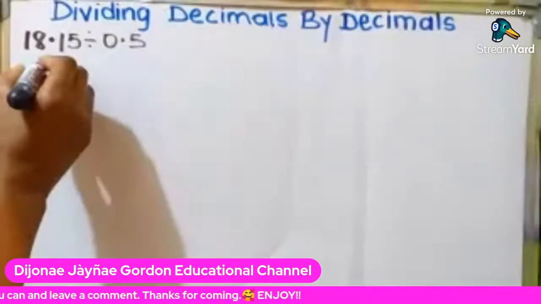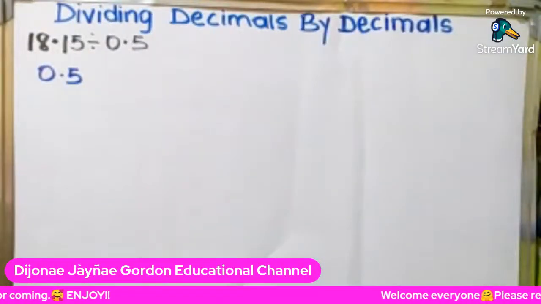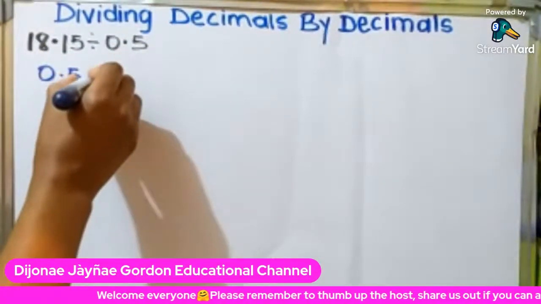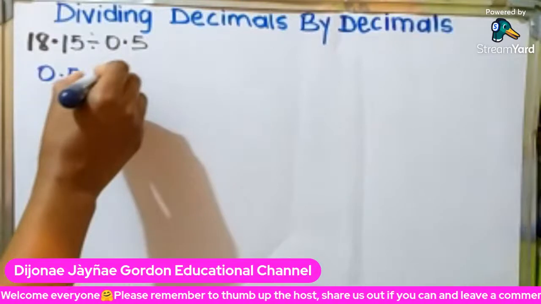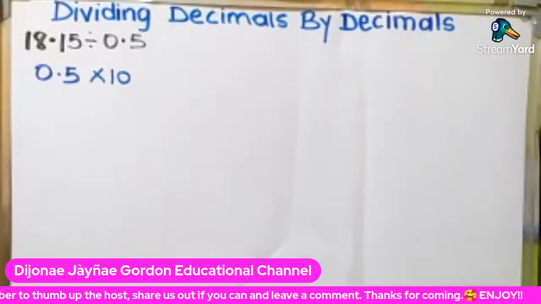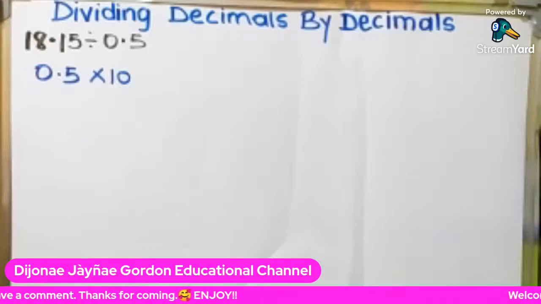So we are now going to write back our divisor. All right, let me take it out and let me write it. 0.5. And of course, I am going to be multiplying by 10. Why 10? 5 is in the tenths place, so we're multiplying by 10. All right, so we know that when we are multiplying by 10, we move how many places to our right?